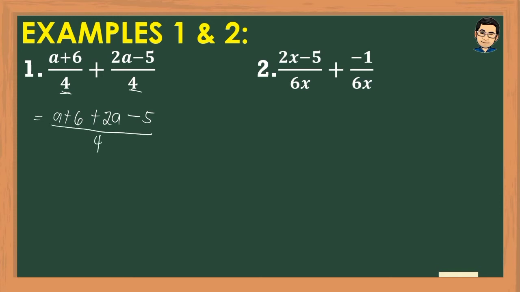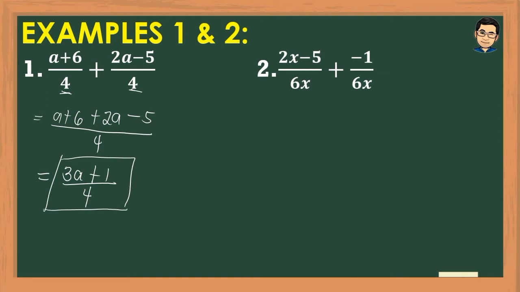Then we combine like terms. a plus 2a is 3a. When it is only a variable, understood na ang numerical coefficient ay 1. Then 6 minus 5 is 1, all over 4. Can we simplify 3a plus 1 over 4? No, so this will be our final answer.